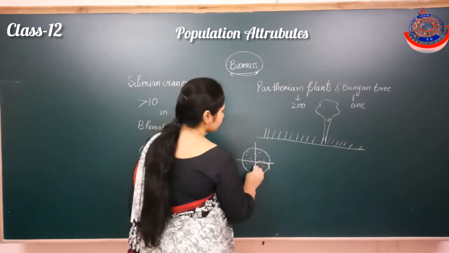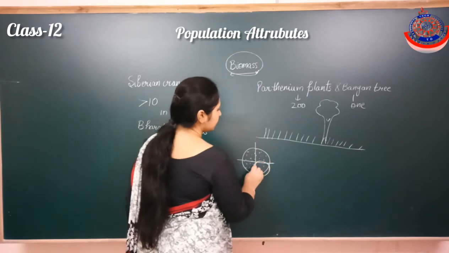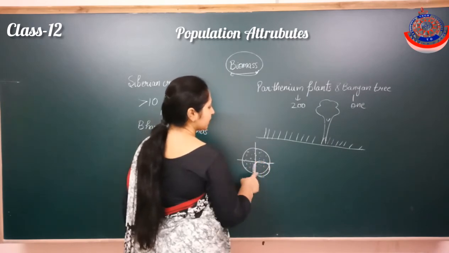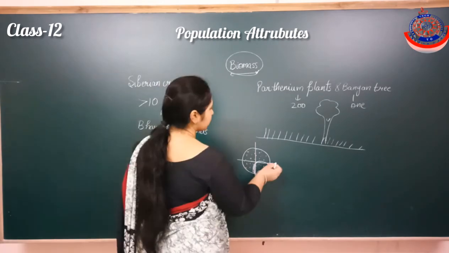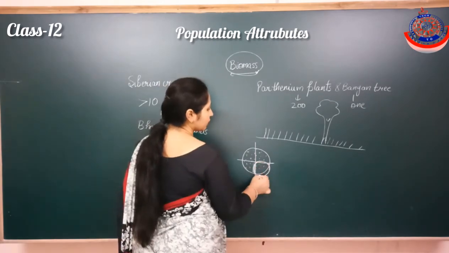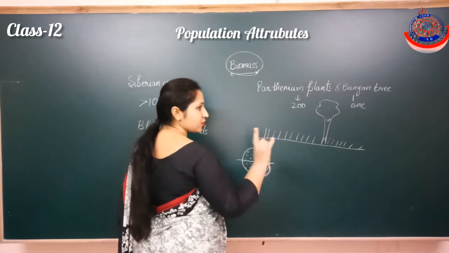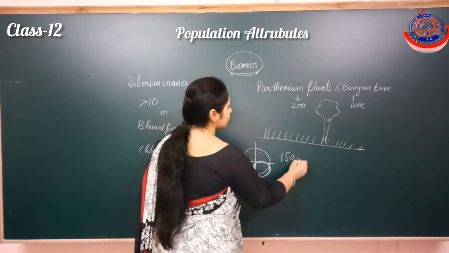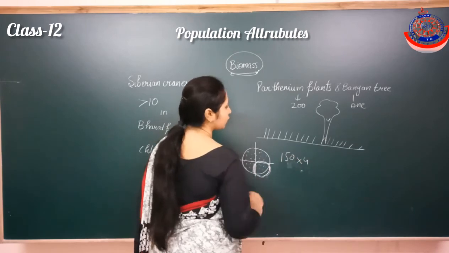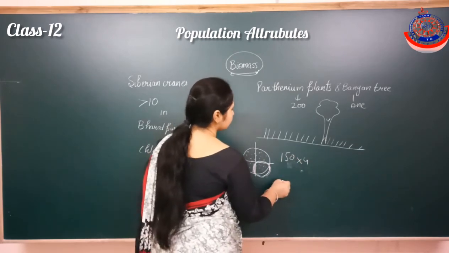Now we can calculate the number of the organisms that are present in one quadrant. Suppose it comes 150, and then later on multiply it with 4, then how much will it come?